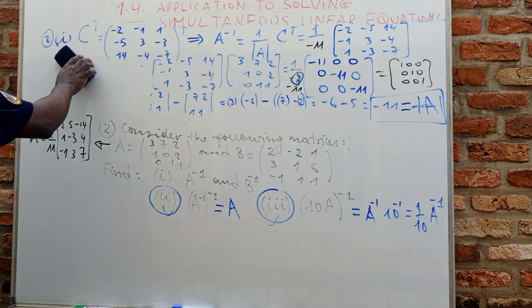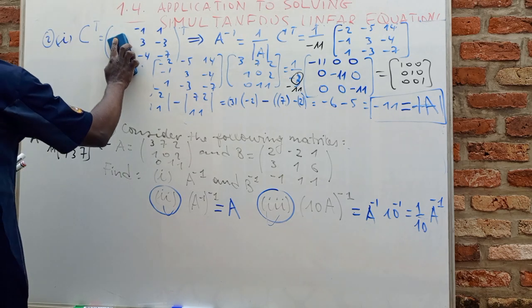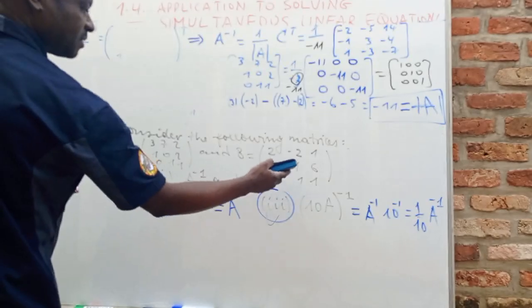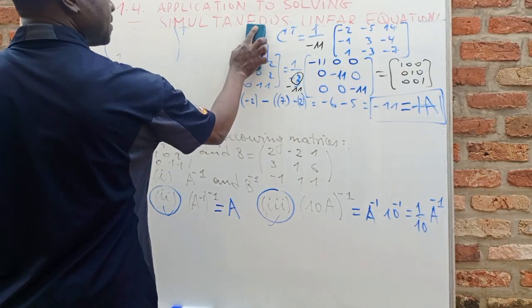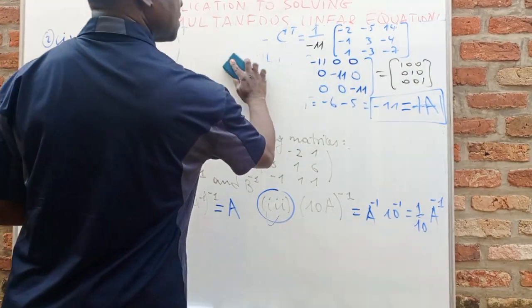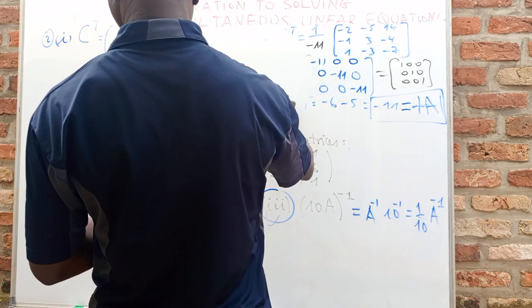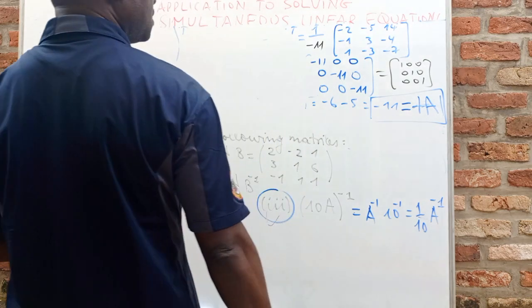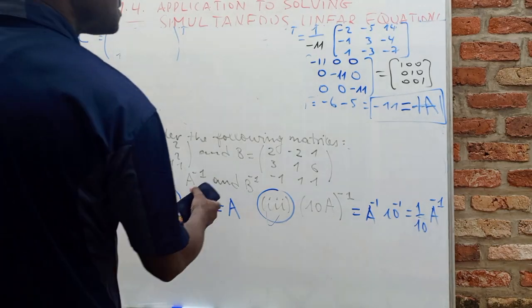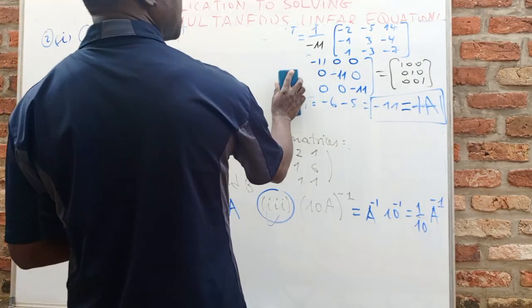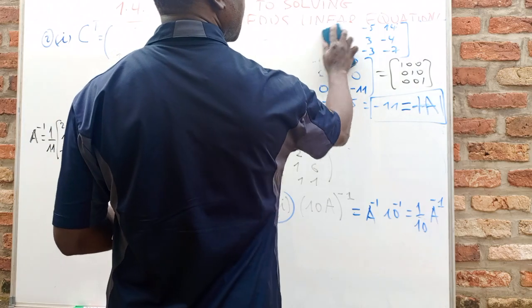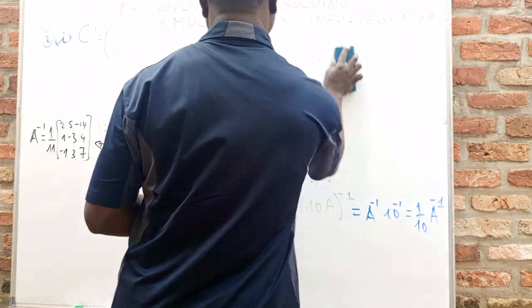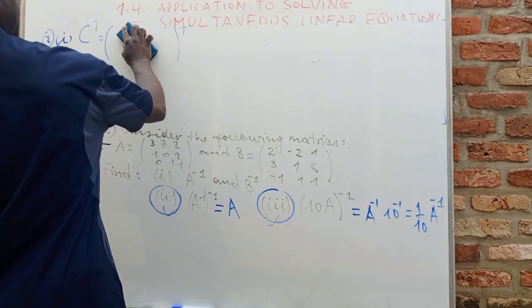Now, let us move on to the inverse of matrix B. In this case, that was after transpose. That's okay.